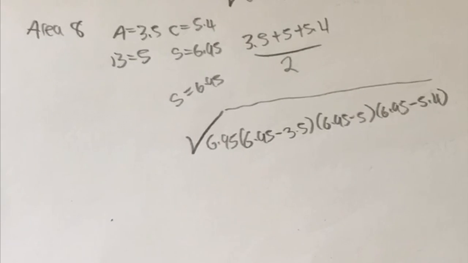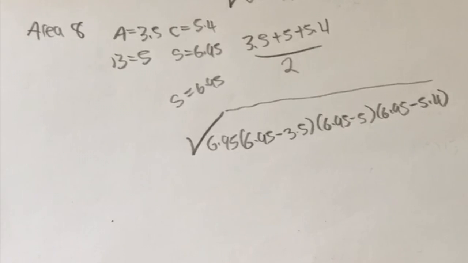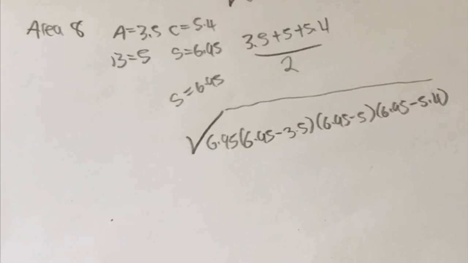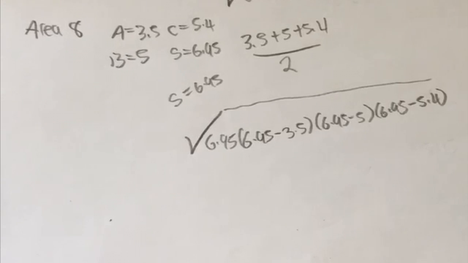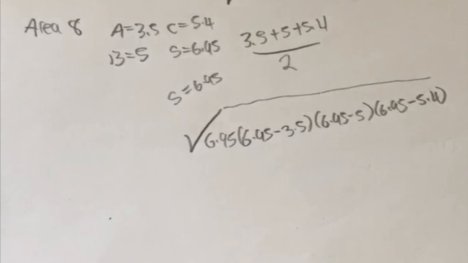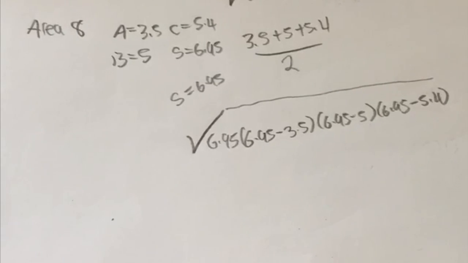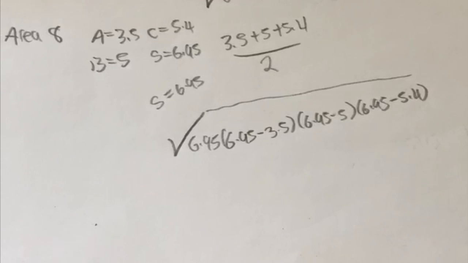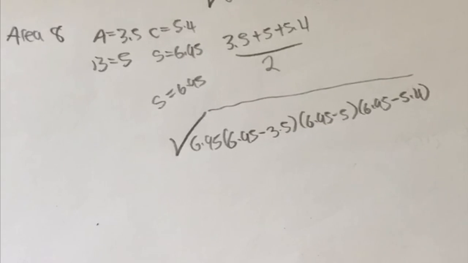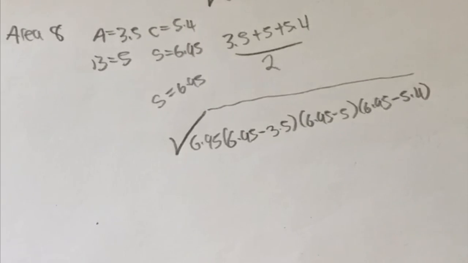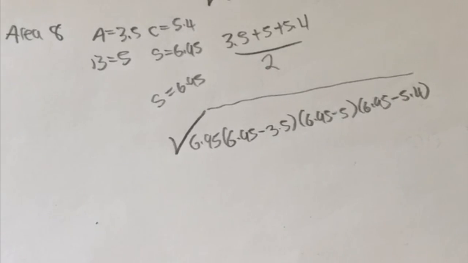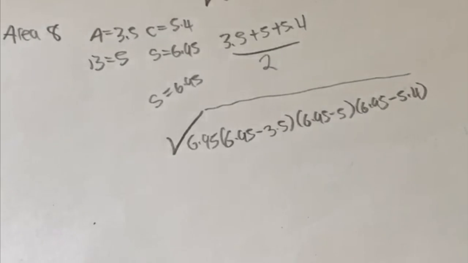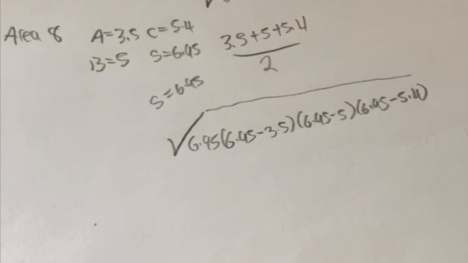So 6.95 minus a, which is 3.5, and 6.95 minus 5, which is b, and then we're going to do 6.95 minus 5.4, which is c, and we'll just plug that all in.